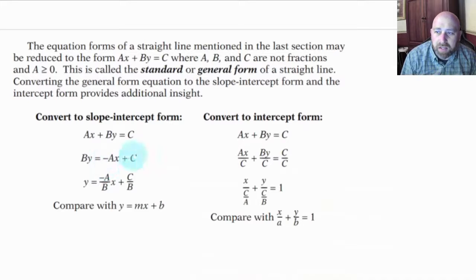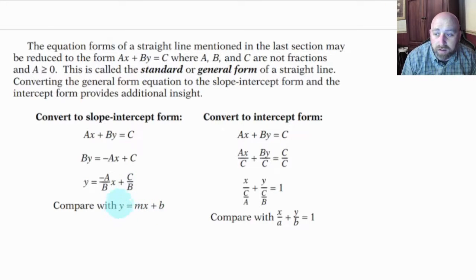Here is a conversion. Basically we're going from the standard form, AX plus BY equals C, and we're going to convert that to Y equals MX plus B. We would take the AX to the other side, that'd be the first step, and then we would divide everything by the B, and you would get Y equals your MX, where M is in a fractional form, and then plus your C over B. Typically, if those were numbers, you would divide those out.